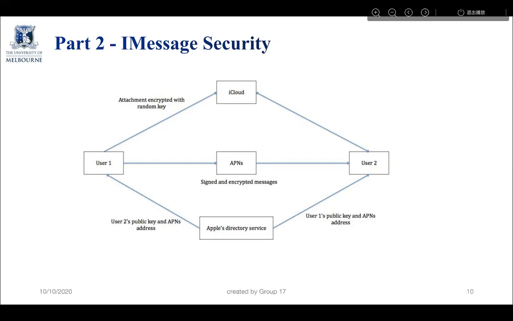When iMessage is turned on, an RSA key for encryption and an ECDSA key for signing are generated. The private keys for those two keys are stored in the device keychain. The public keys are sent to Apple Directory Service, which is responsible for storing user identification, his or her associated public keys, and devices' APNS addresses.